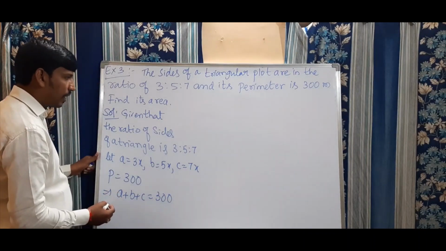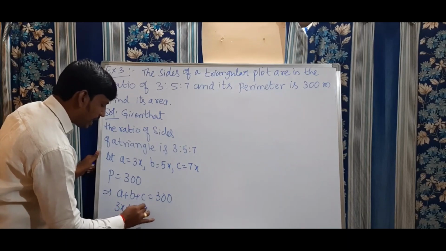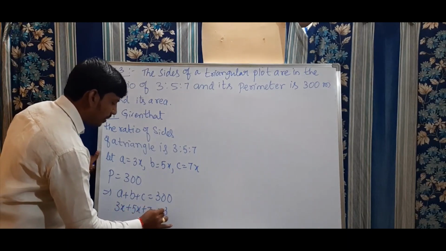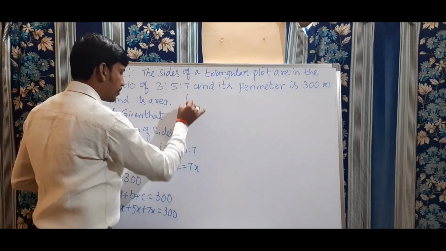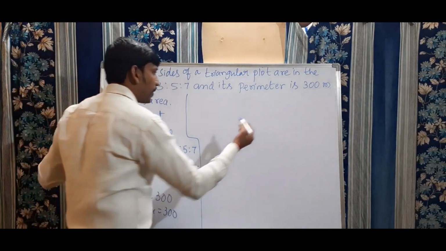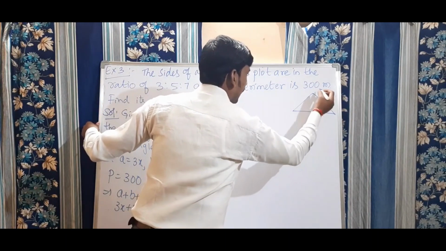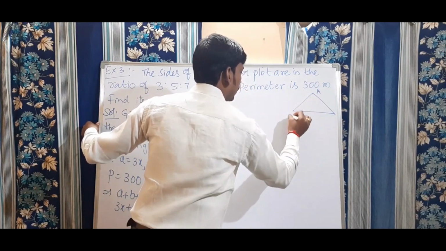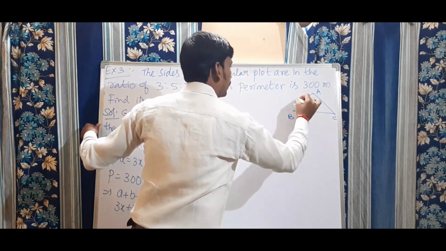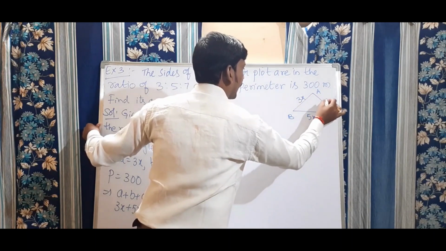What is the a value here? a is equal to 3x, b is equal to 5x, and c is equal to 7x, sum is equal to 300. Now see this here. Right? Now here I want to draw the triangle. Okay? Please draw the triangle also. That is ABC. Right? Here this is 3x, this is 5x, and this is 7x.